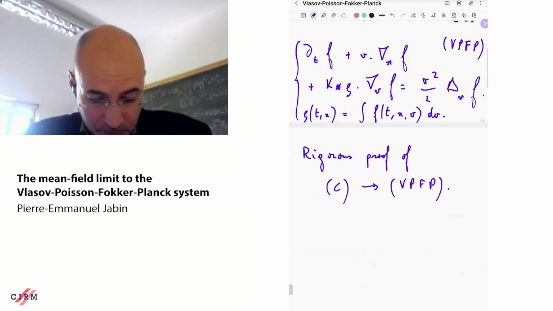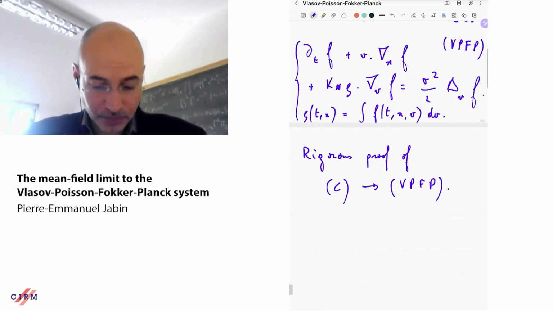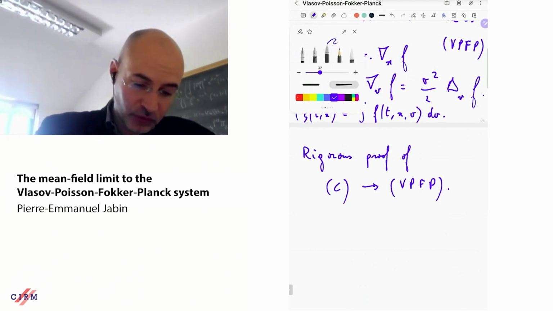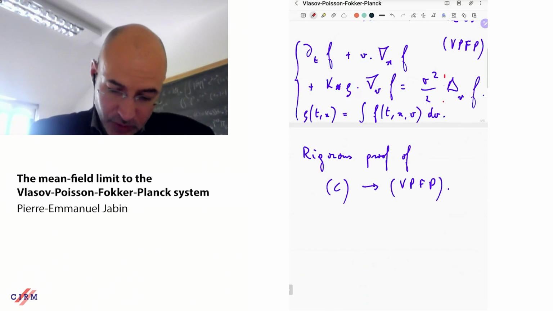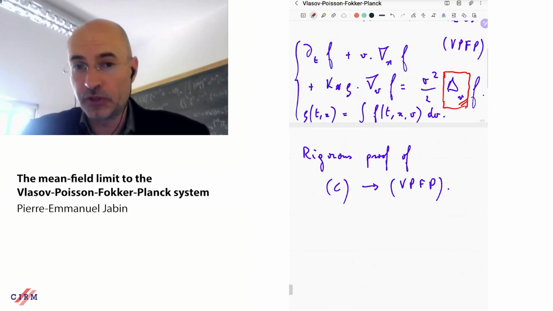Now, there are two small things that I want to emphasize before I give a tiny bit of literature. The first one is, of course, that the diffusion is degenerate. And you can see that because the Laplacian that shows up in the system is only in the velocity variable. By the way, I didn't put any friction in velocity here. Sometimes people prefer to write Fokker-Planck systems with friction in velocity.